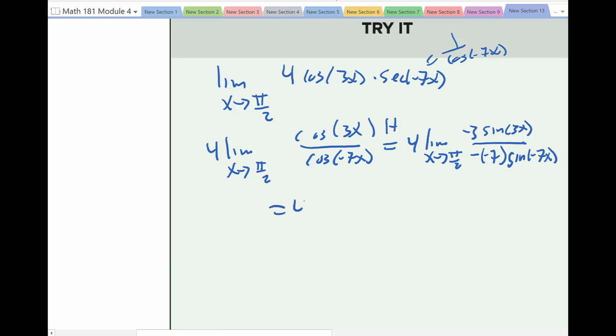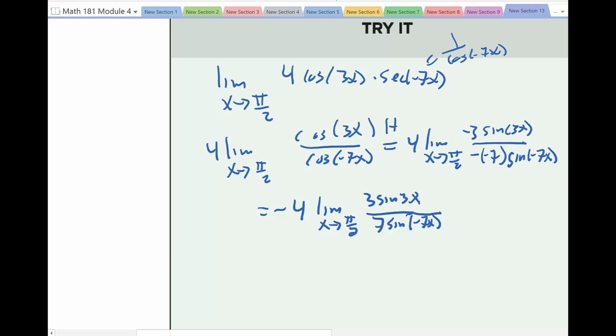So we have 4, in fact, let's get that limit from up top, out front. 4 times the limit as x goes to pi over 2 of 3 sine of 3x over 7 sine of negative 7x.